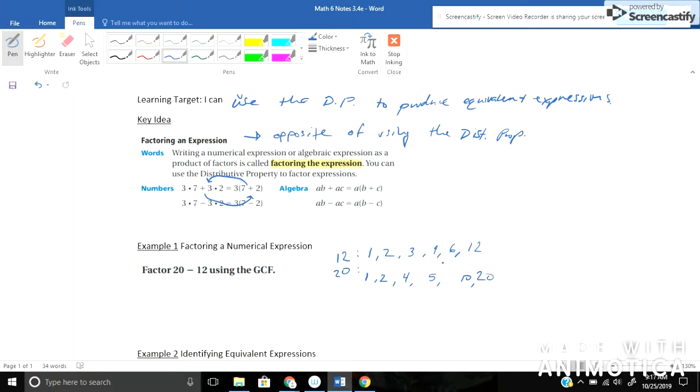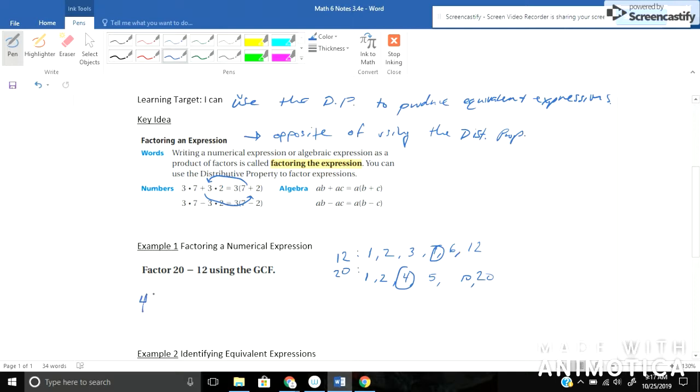Which of these is the greatest that they have in common? 1, 2, 4, and none bigger than that. So 4 would be my greatest common factor of 20 and 12. Okay, so that is what I'm going to take out of this numerical expression. I'm going to take out 4.